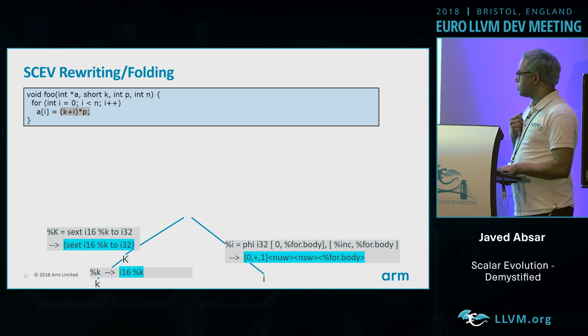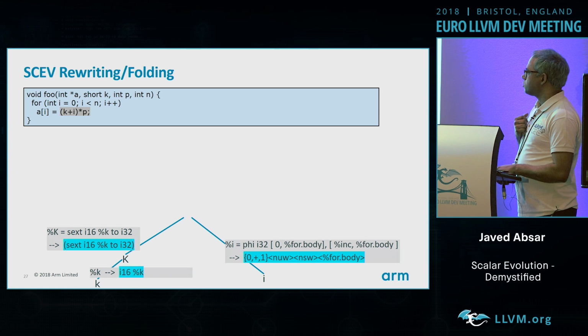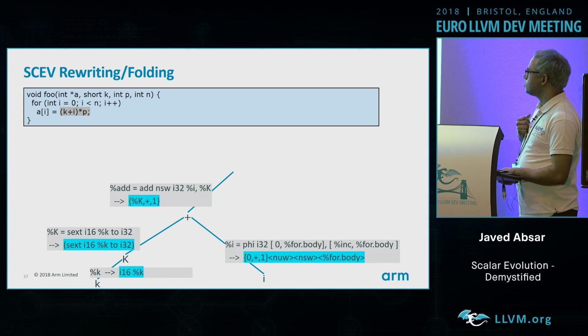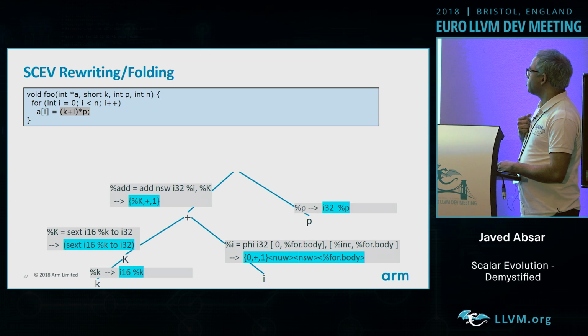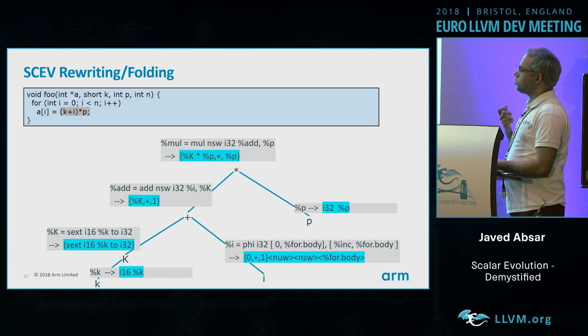So it starts with k, sign extended, that's nothing much more there. And I has a SCEV expression, this is the recurrence. It wants to do an add. So then it just folds k into the base here, and that's the recurrence for k plus I. Then we need a multiply, again using the same formulas that you can derive yourself if you are not convinced.